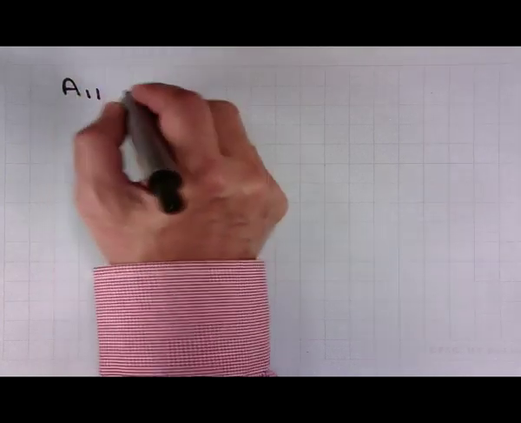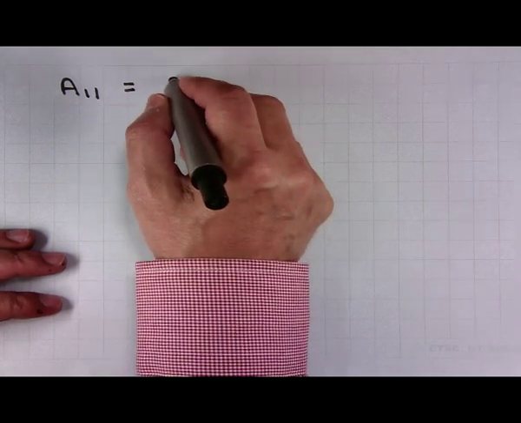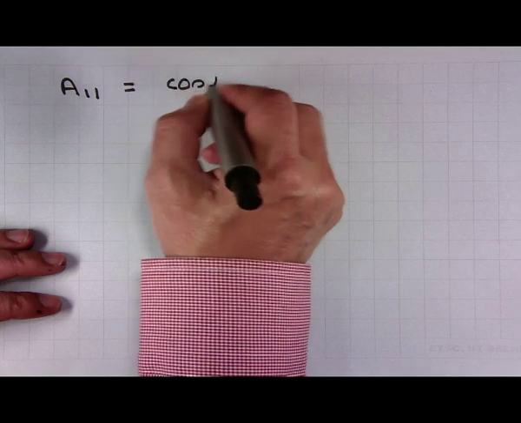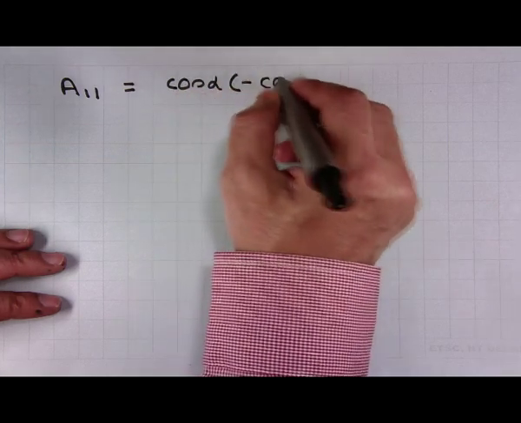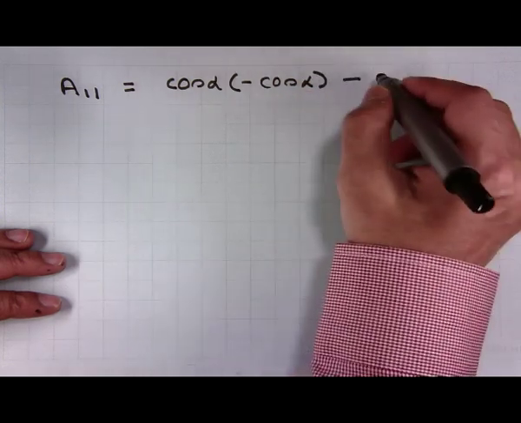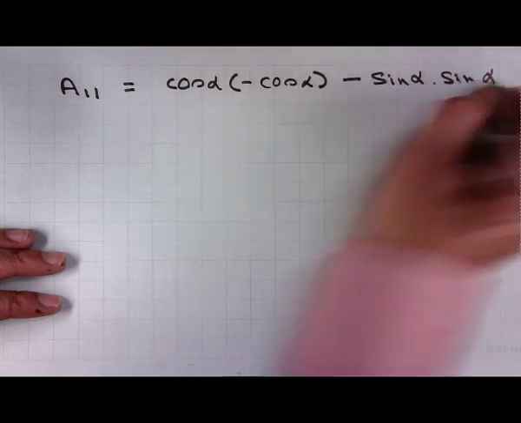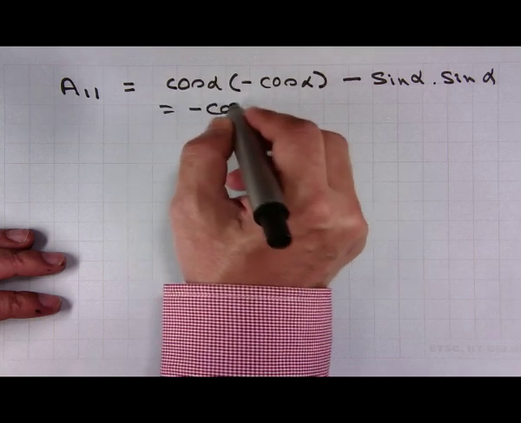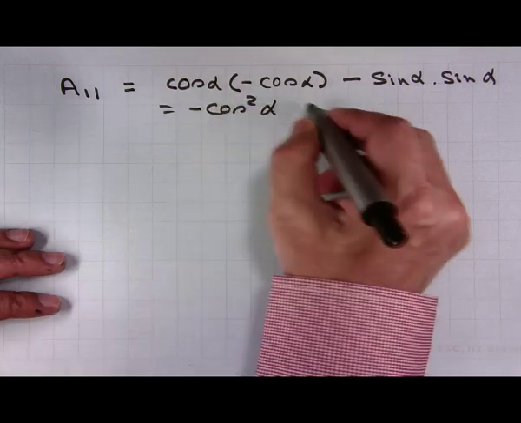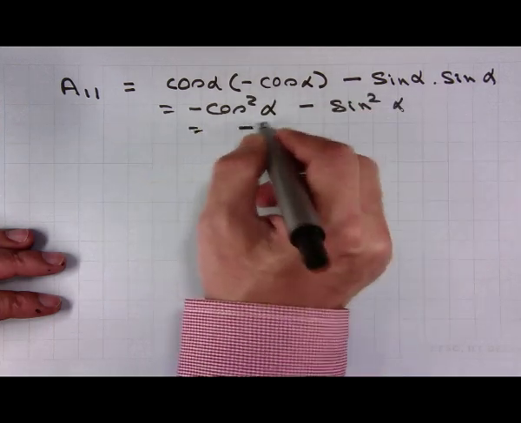A11 is equal to cos alpha into minus cos alpha minus sin alpha into sin alpha, is equal to minus cos square alpha minus sin square alpha, is equal to minus 1.